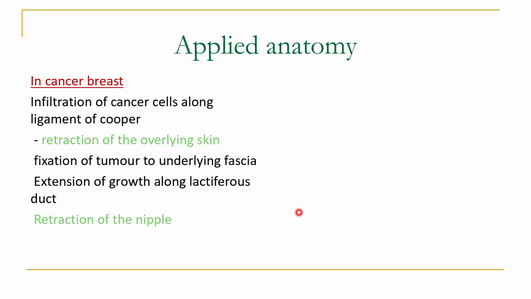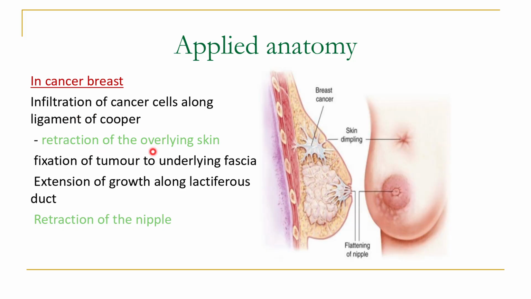Now coming to the applied anatomy, in breast carcinoma, the infiltration of the cancer cells along the ligament of Cooper results in the retraction of the overlying skin. So you can see the skin dimpling. This leads to the fixation of the tumor to the underlying fascia.